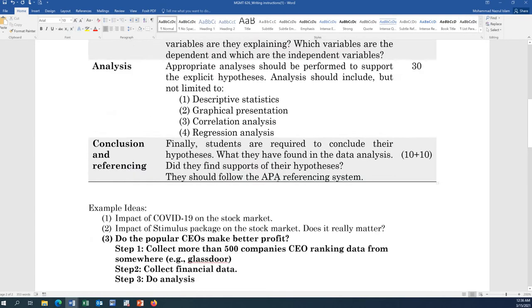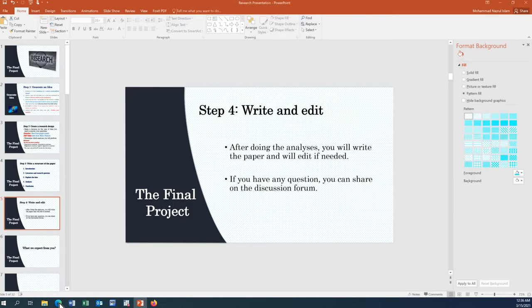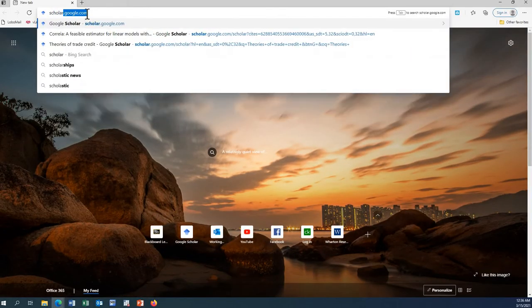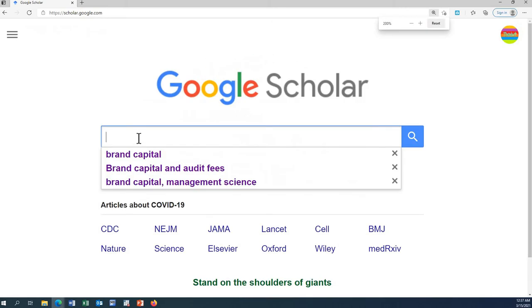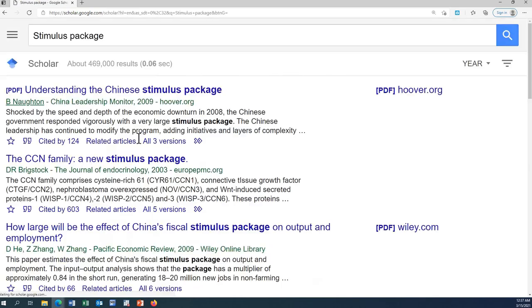Okay, and now let me show you something, how you will search from the Google Scholar. So for searching, you will search from the Google Scholar. So here is our Google Scholar. Say for example, stimulus package.